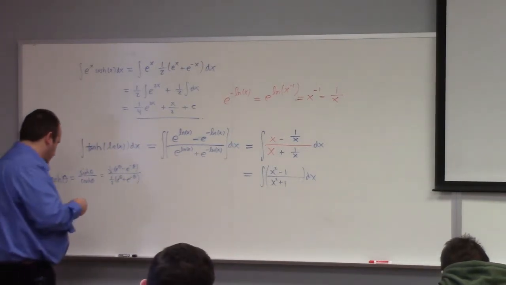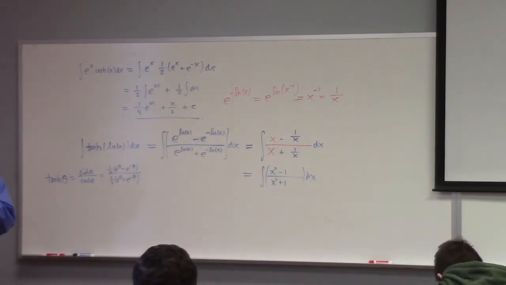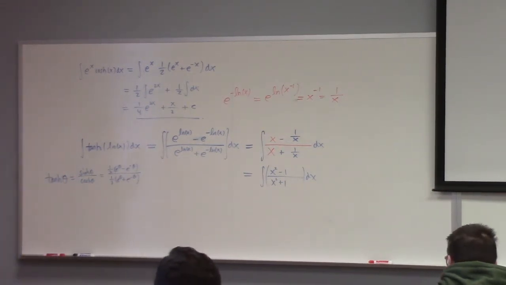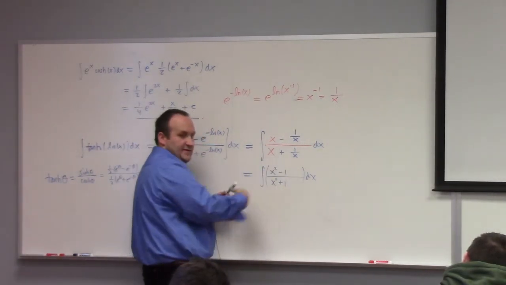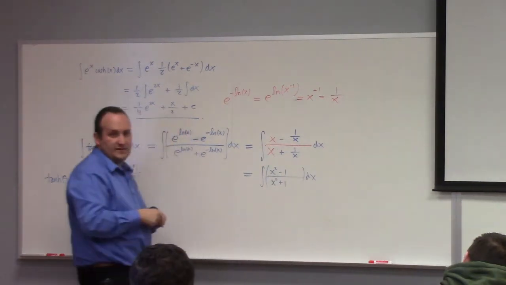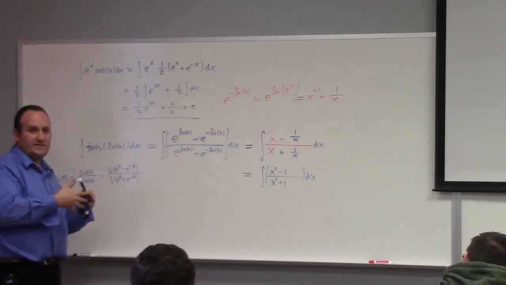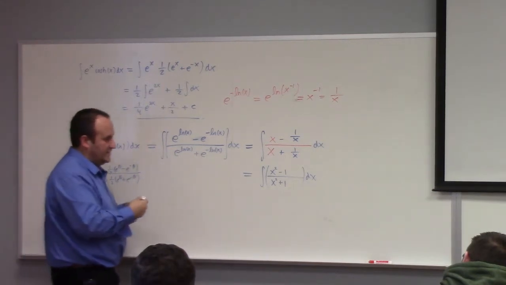Here's how I do this. This is a little bit off the beaten track for today's topic, okay? So my apologies, but what I do when I see something like this, it's quadratic over quadratic, right? So to simplify this, I try to make the numerator look like the denominator in a kind of sneaky way.